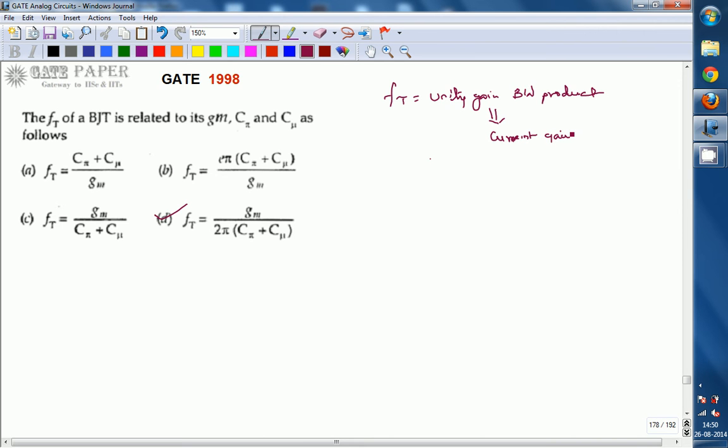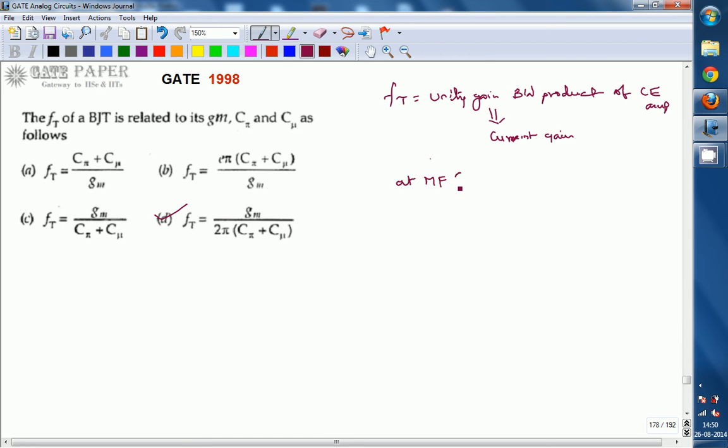F tau is the unity gain bandwidth product of a CE amplifier especially, and for that the gain is current gain, not voltage gain. Why is it like this? We know that gain is maximum for a CE amplifier at mid frequencies.